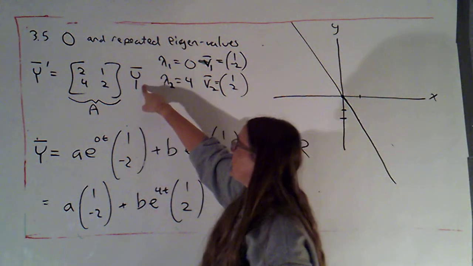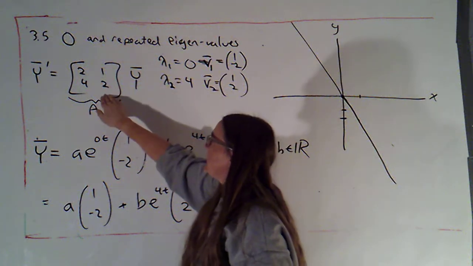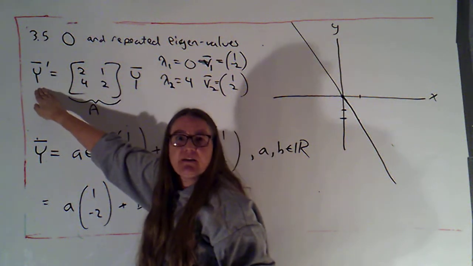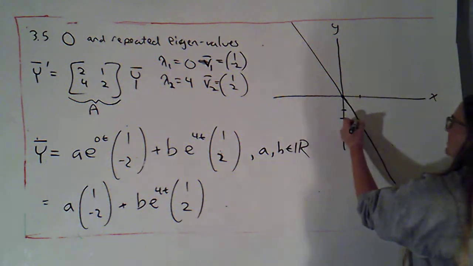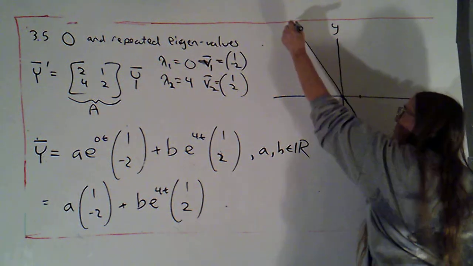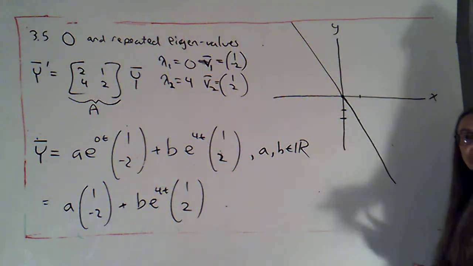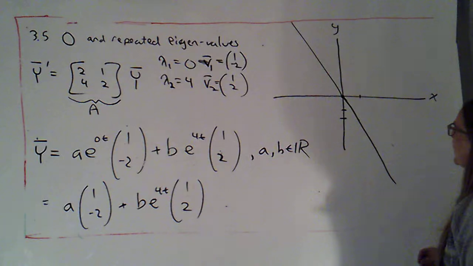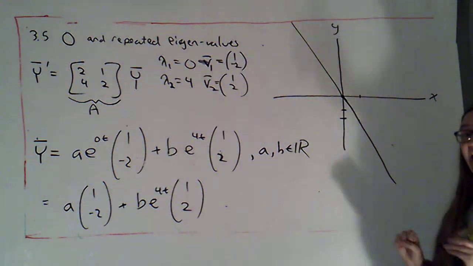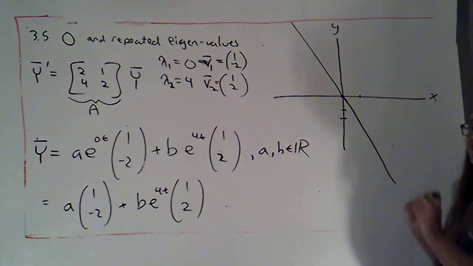If I plug it into y, when I multiply by this matrix, I get 0. The derivative is 0. If the derivative is constantly 0, I'm at an equilibrium solution. So every single point on this line is an equilibrium solution, and I indicate that by not putting arrows on it.